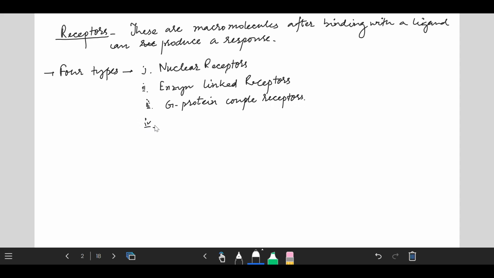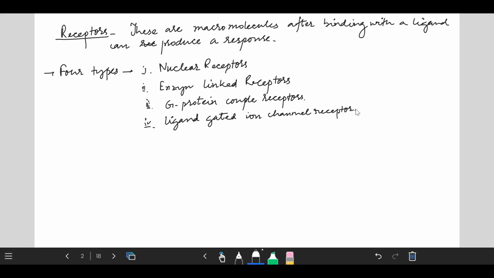And the last, fourth one, is ligand gated ion channel receptors. We will understand individual receptors, their mechanism, their function, everything in another lecture, step by step.